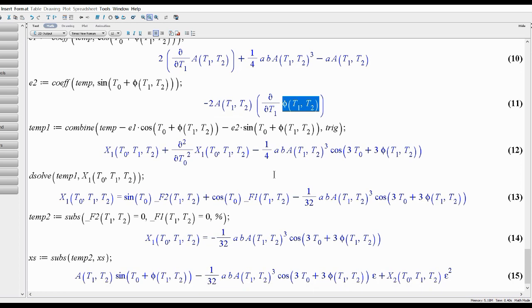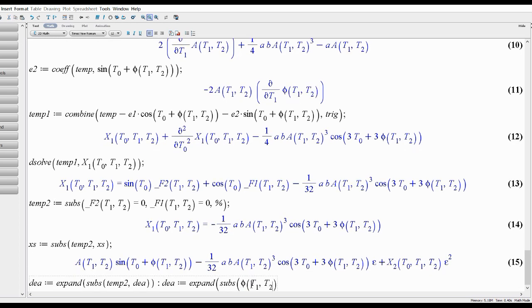So let me put that in here. Phi of t2 is equal to, let me say, phi1 of t2 in dEA, and then let me say collect epsilon.